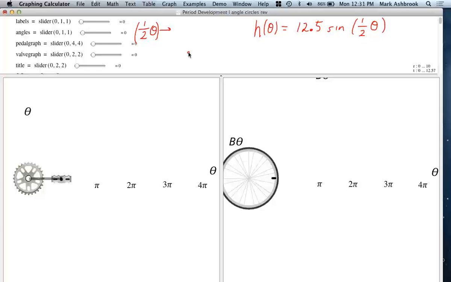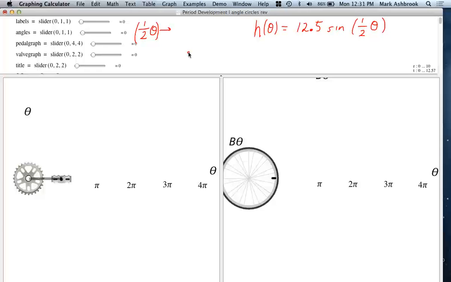What angle is it? Of what? What angle is that talking about? The angle of what, swept counterclockwise from 3 o'clock?